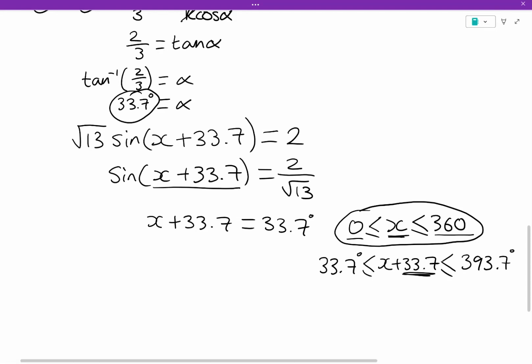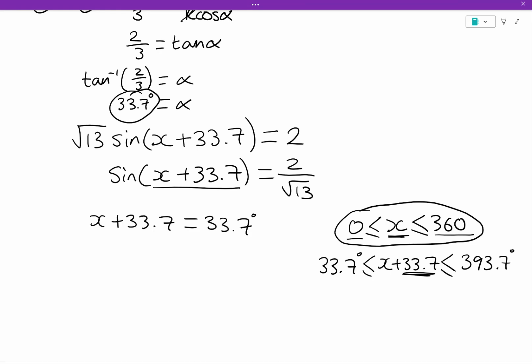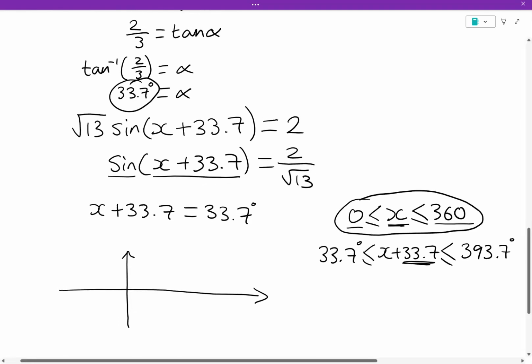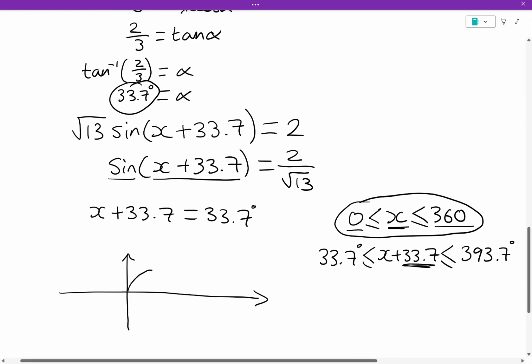So if we look at the angle we found so far, we've got 33.7. That one's fine. But what I now have to do is use your CAST diagram or your graph to find some other angles within our range of 33.7 to 393.7. So I'm going to draw our sine curve, because sine was our trig function here. We're interested in the positive angles, so I'm just going to go that far.